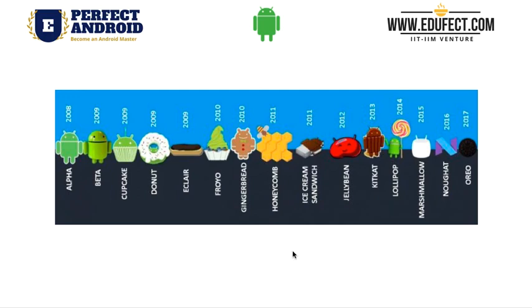The second thing they have used, starting from the first commercial release cupcake, is that these are all names of sweets or desserts. So cupcake, donut, eclair, froyo, gingerbread. So that's the naming strategy Google has been using for Android. The latest release is Oreo, which happened in 2017.